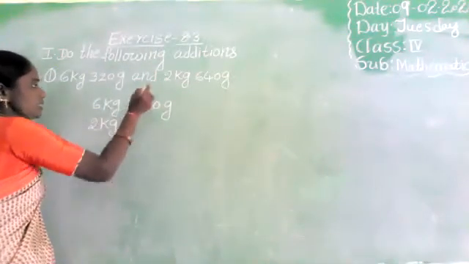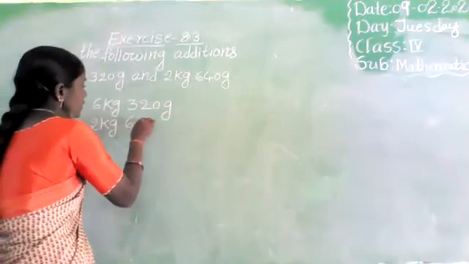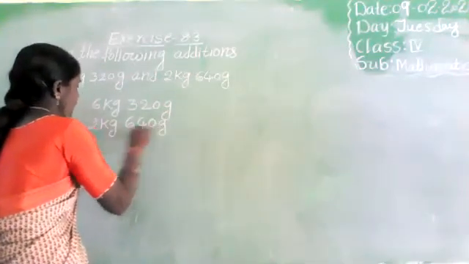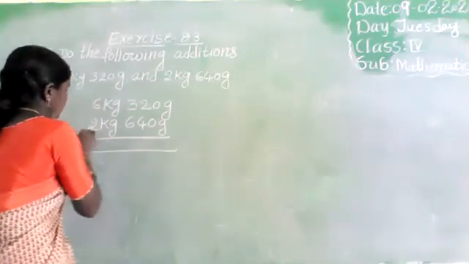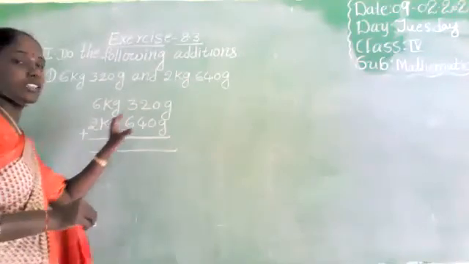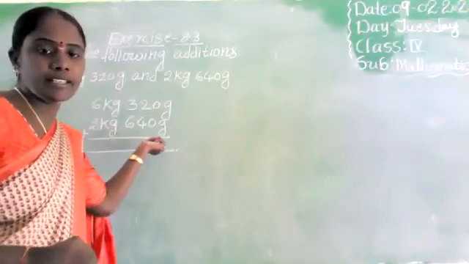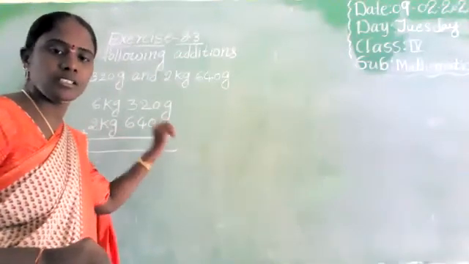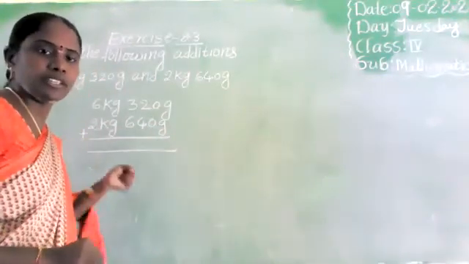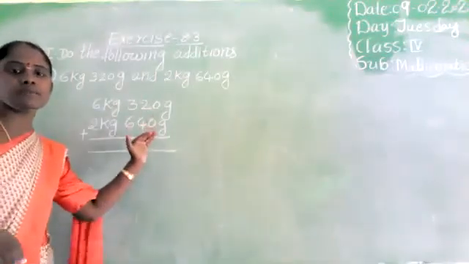And grams are 640 given. Write 640 grams. Now add these. Okay, first grams. Very good. 8 kg 960 grams are correct. Very good, Vignesh.